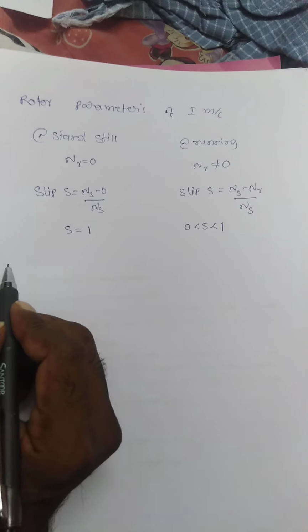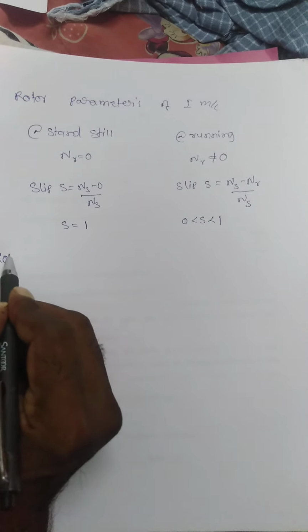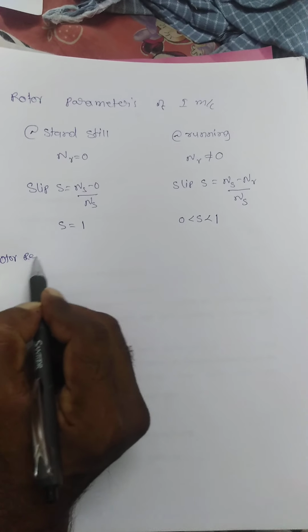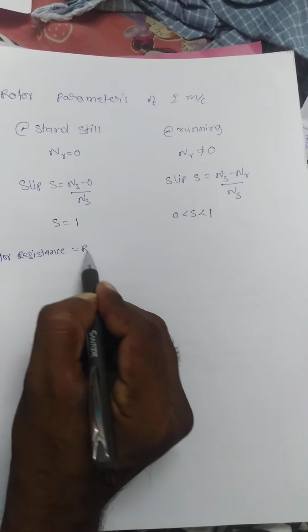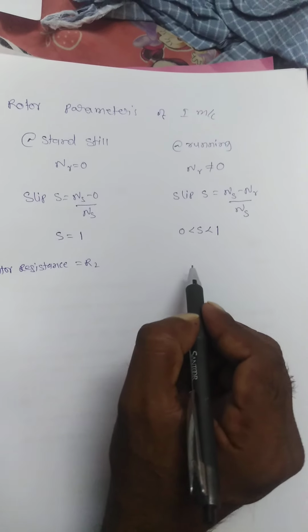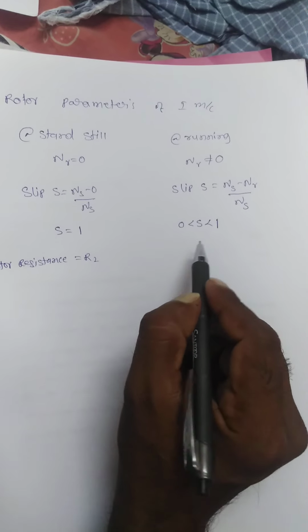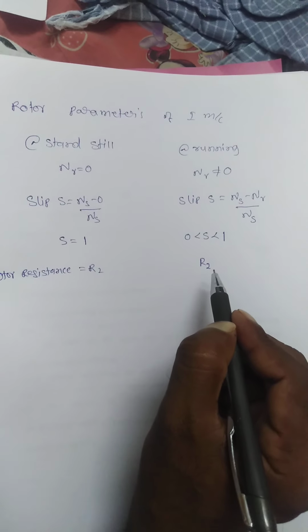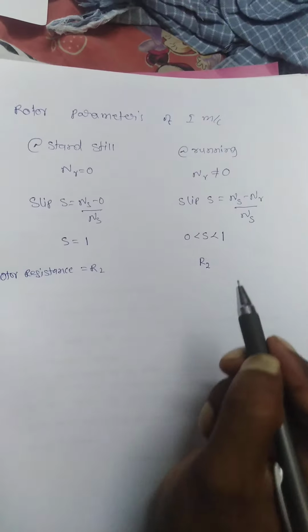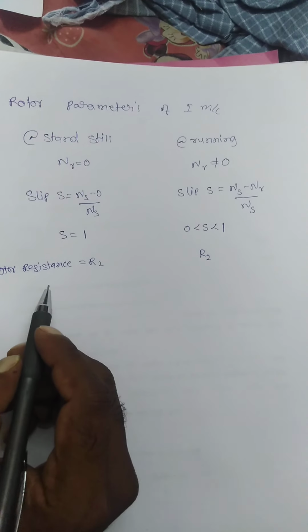Here the rotor resistance is R2 at starting or standstill condition, and at running condition it is also R2. There is no change in the rotor resistance parameter.